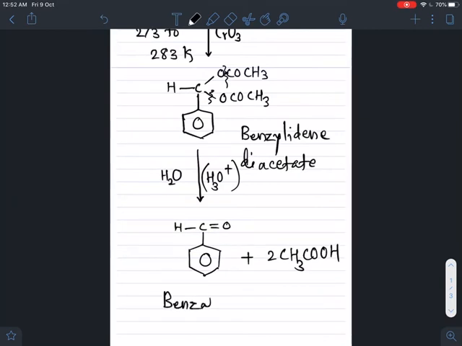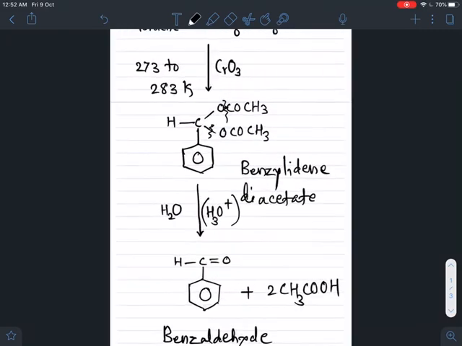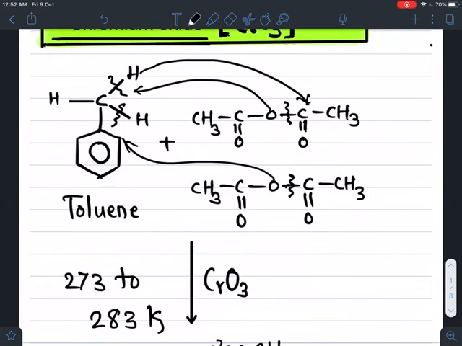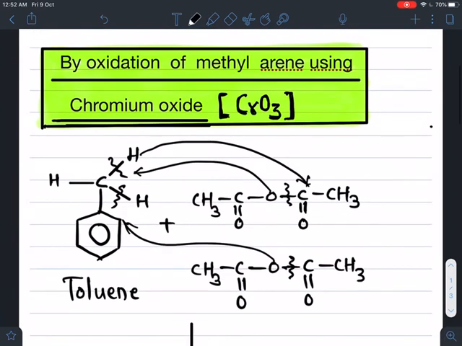So this is the preparation of benzaldehyde from toluene using the oxidizing agent CrO3, a partial oxidation using an oxidizing agent like chromium oxide. This is the most important method for the production of benzaldehyde from toluene.